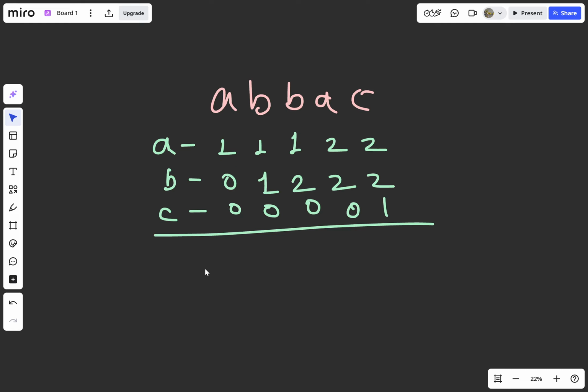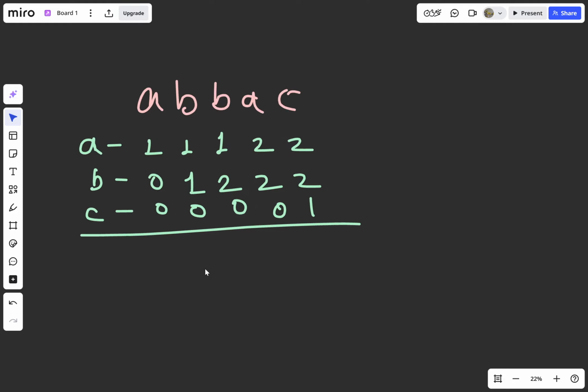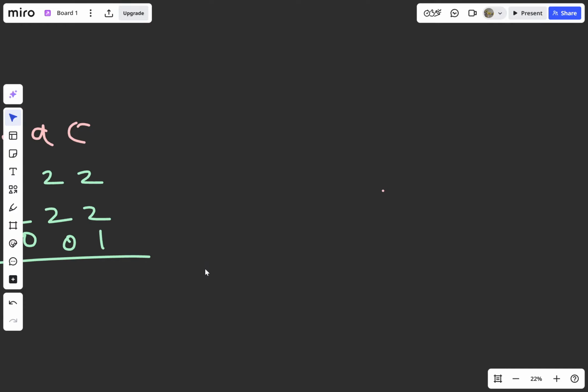Now, for another example, if we have A and B, in this substring we can say this will be the largest substring where all the characters present have equal counts.